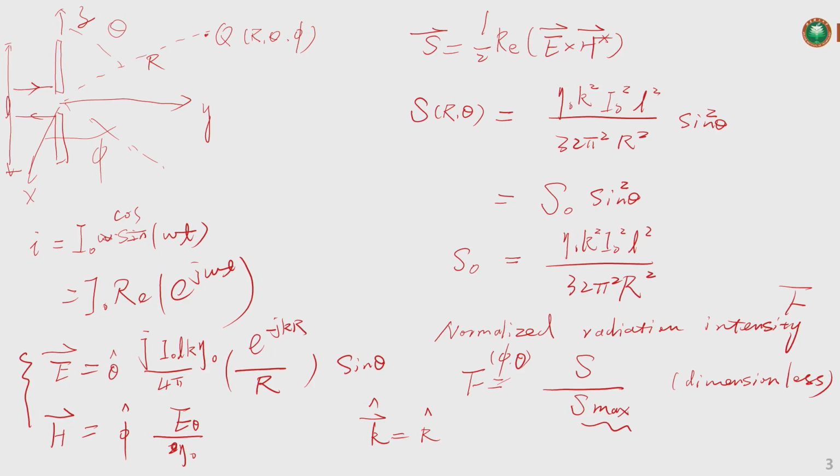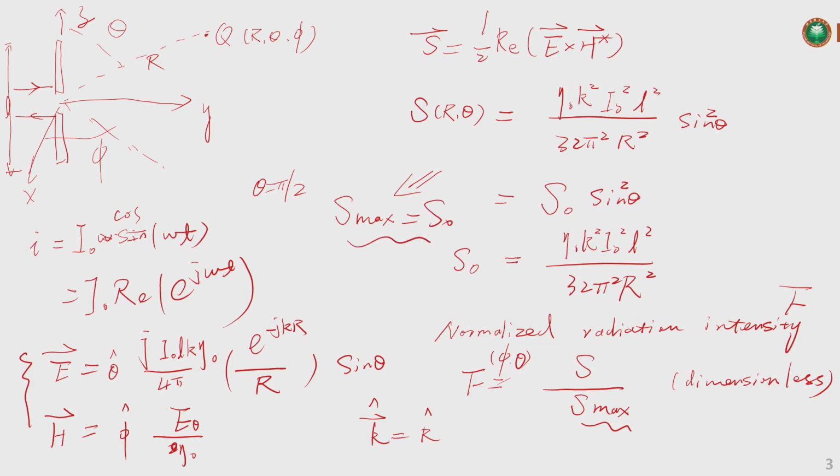For example, what does S max mean? From this equation, it means theta equals pi over 2, alright? When theta equals pi over 2, sin theta squared is maximum, it's a unit. So it becomes S max, and S max equals S node also.